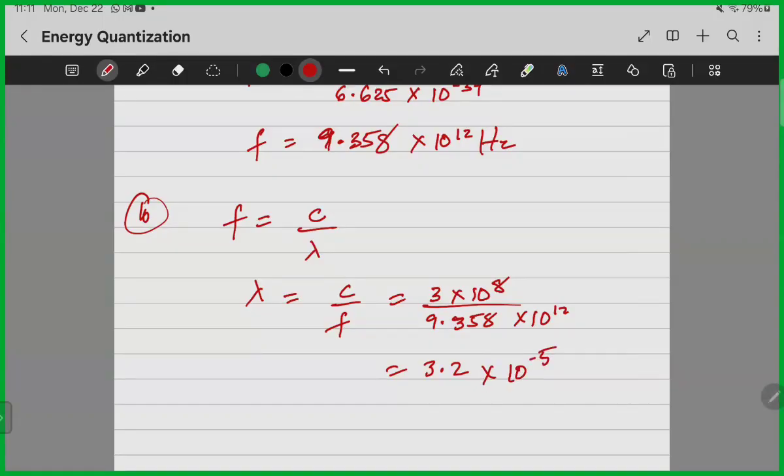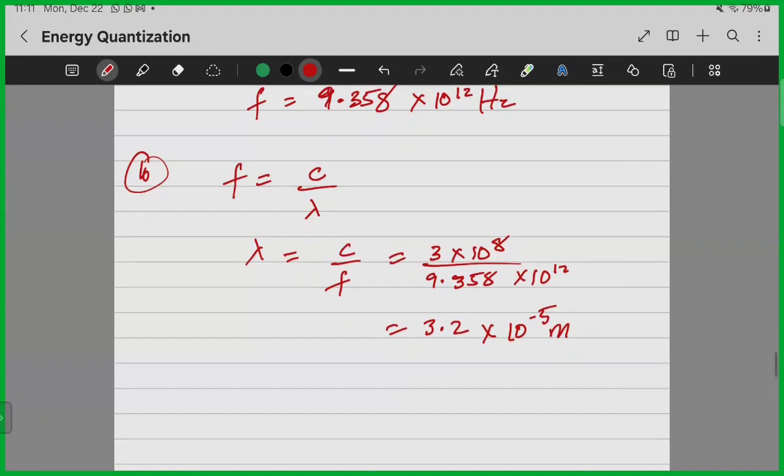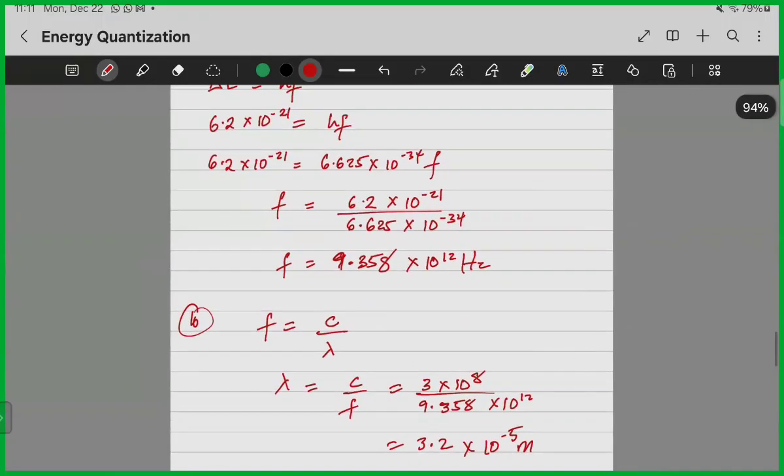That will be the wavelength, and wavelength is in meters, because the unit of C is meter per second. So the wavelength is 3.2 times 10 to the minus 5 meters. So we establish that. Take another worked example. Catch your breath on this example, and then we'll bounce straight into the next example.